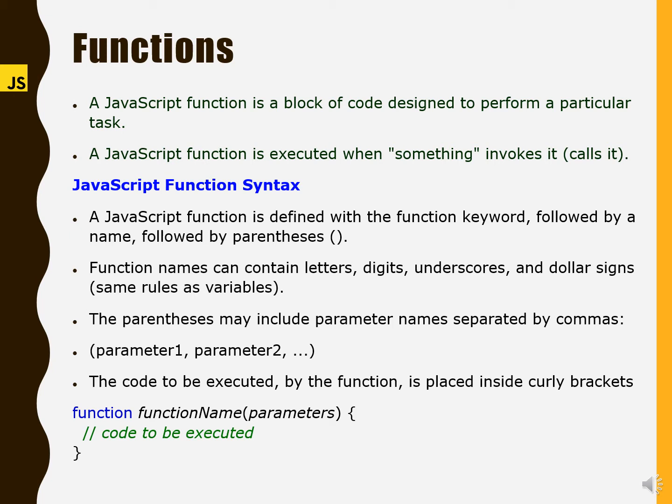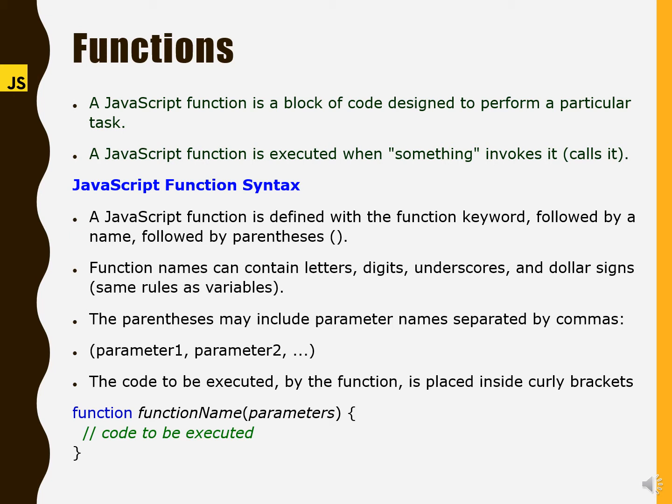The parentheses may include parameter names separated by commas. If you have more than one parameter for a particular function, we can separate the parameter names by commas. The code to be executed by the function is placed inside the curly brackets. So for defining a function in JavaScript, we have to specify the keyword function followed by the function name.